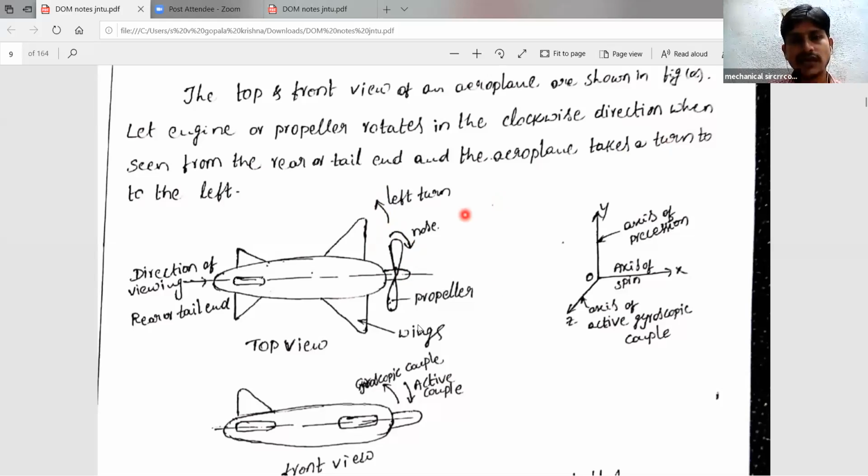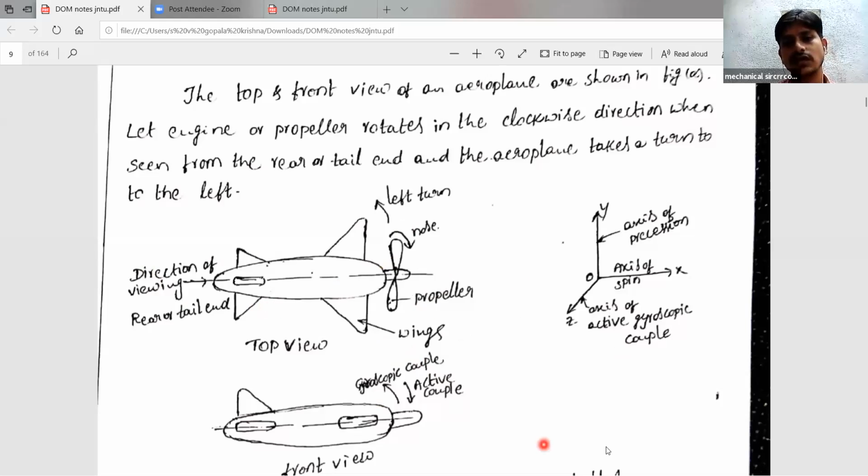And when we take the right turn, the propeller direction of rotation and our turning movement are both equal. Then the effect of the gyroscopic couple is to dip the nose, this front portion, and raise the tail.